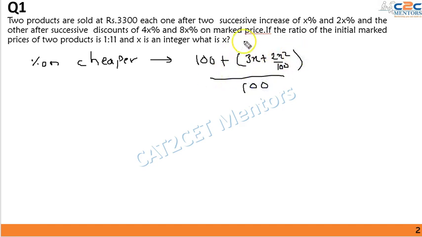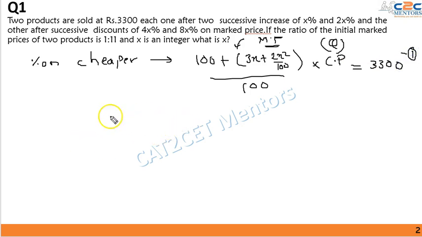This is nothing but the multiplication factor, and as there is an increase, there is a plus sign over here, multiplying this by the cost price, which is Q in this case. This is equal to 3300. This is my equation number 1.